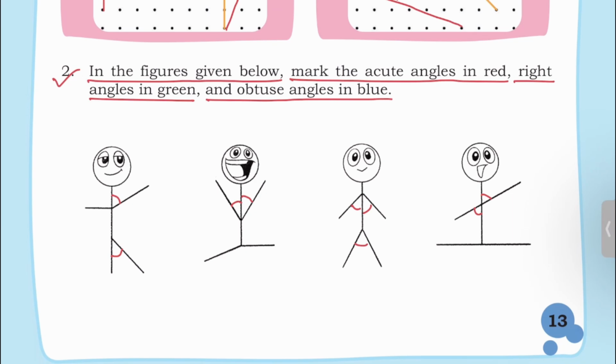Obtuse angles in blue like this, and right angles in green like this. Some obtuse angles are left here like this.